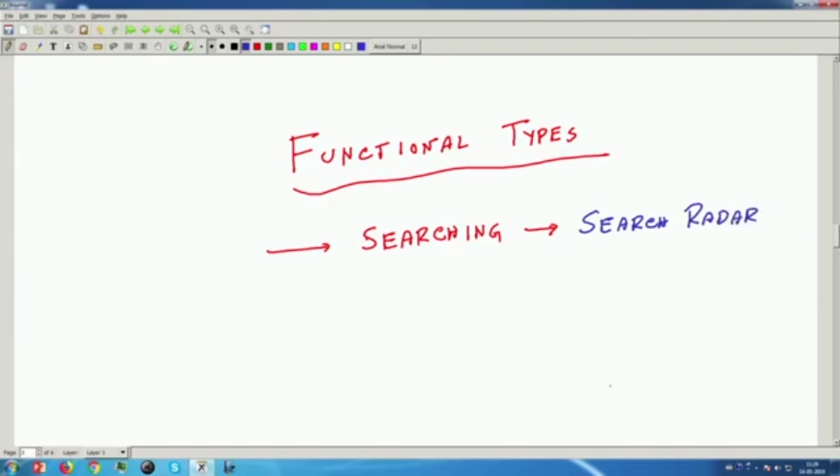You will obviously have to take some action, because if there is a threat, you will have to mitigate that threat. In defense parlance they call it firefighting. If an enemy aircraft is coming, you will have to take action. That is called a firefighting radar.